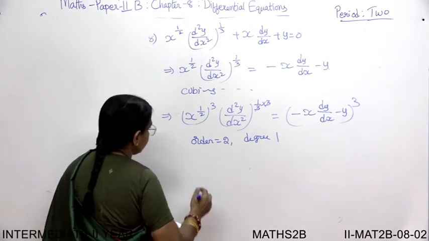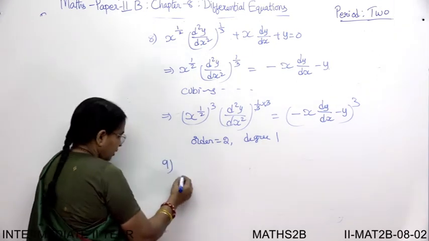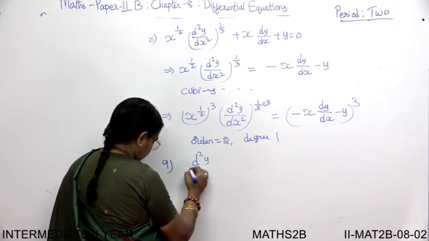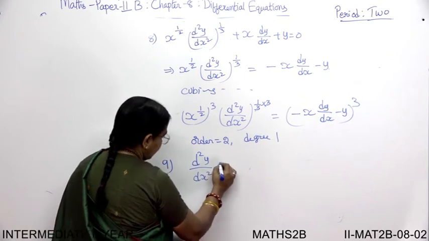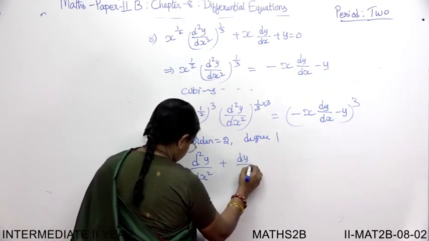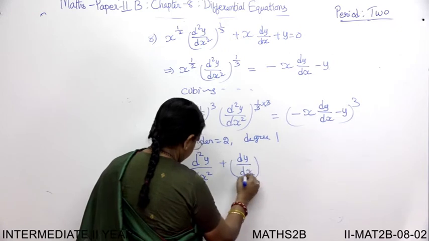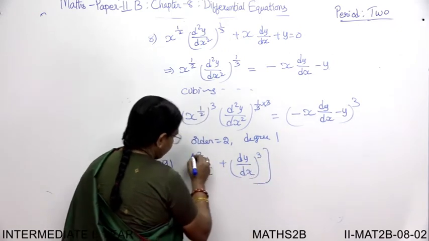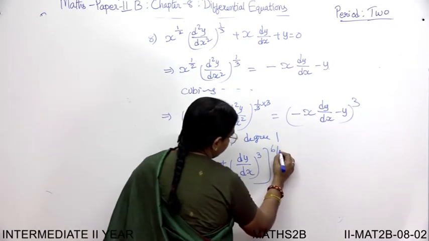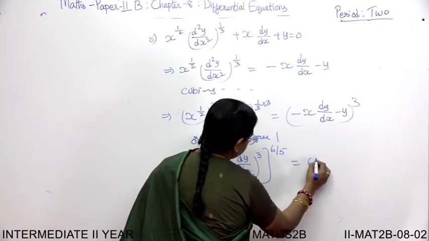Now the next example is very important, and it is tricky. d square y by dx square plus dy by dx whole cube, whole to the power 6 by 5, is equal to 6y.